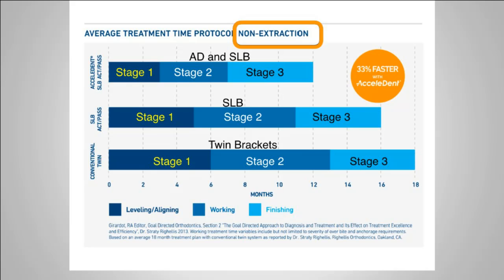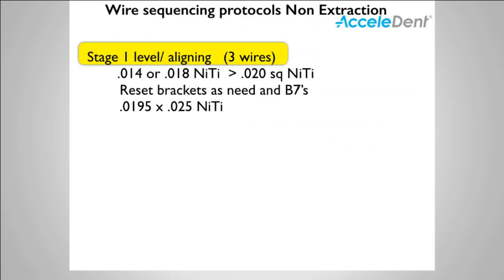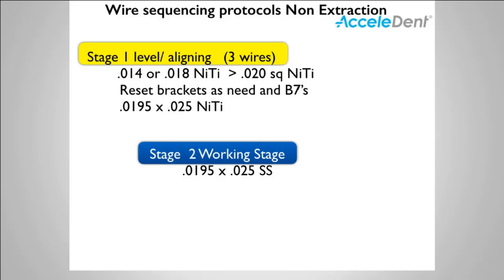Now keep in mind, these are fixed appliances I'm focusing on, and of course low pulsatile forces are very effective in clear aligner cases, but the focus of this discussion is on fixed appliances. Our wire sequence: we start out with a 14 or 18 NiTi wire, go to a 20 square NiTi, reset brackets as needed, and then get to the 19 by 25 NiTi.